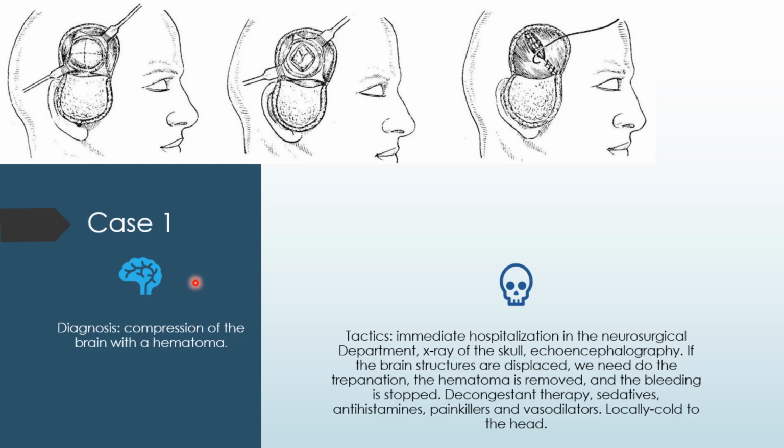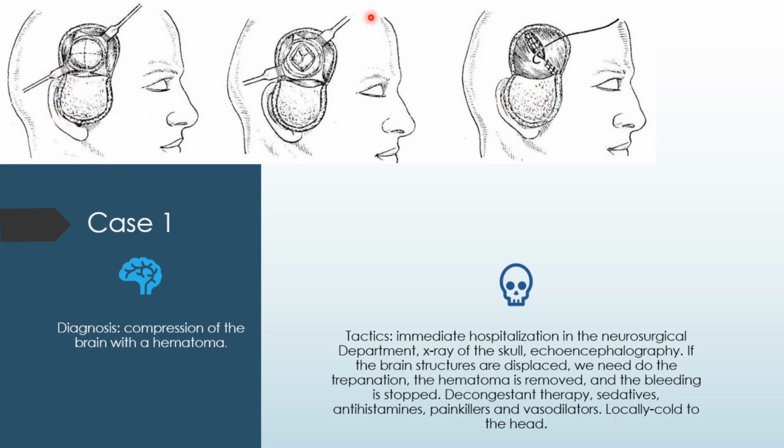Okay. Answer to case number 1. Diagnosis: compression of the brain with a hematoma. Tactics: immediate hospitalization in the neurosurgical department, X-ray of the skull, echoencephalography, CT. If the brain structures are displaced, we need to do a trepanation.